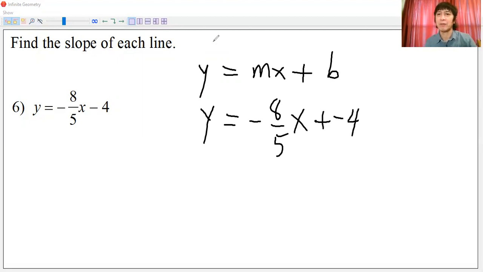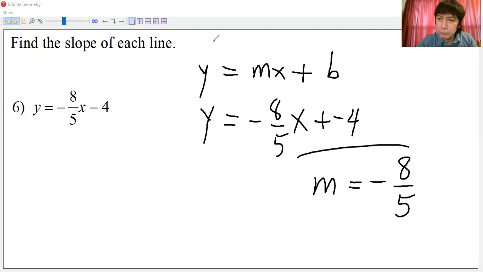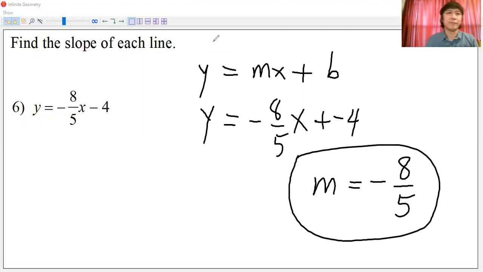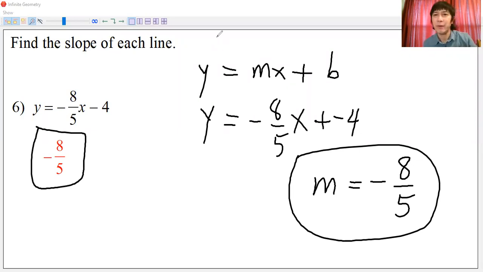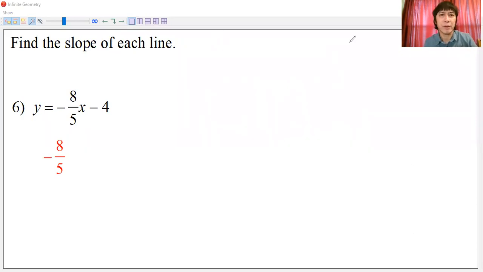That's the meaning of that one. That part, okay? So the slope here is clearly -8 over 5. There. Check. And so we can clearly see the answer, -8 over 5. Next, 7.